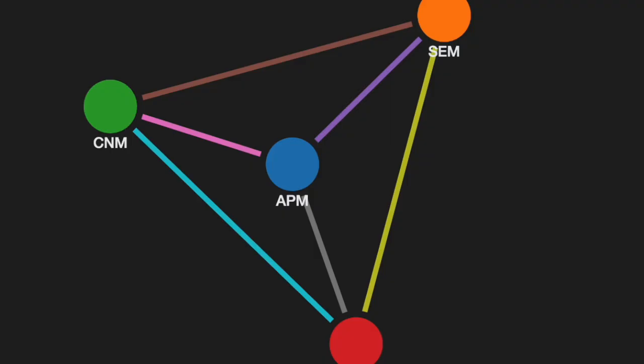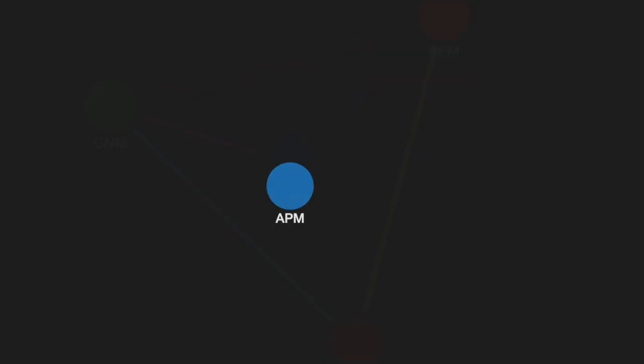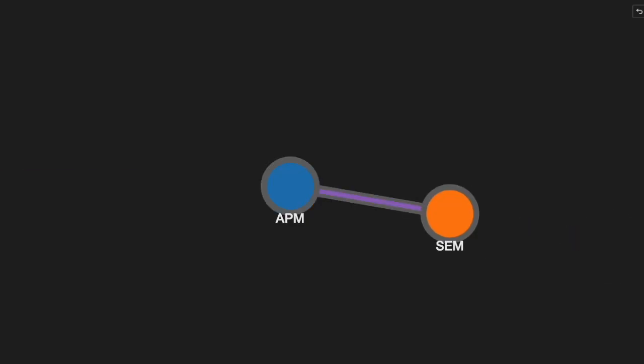Today, AMOS has 4 core components. APM, Autopoietic Process Manager, deploys containerized services and allocates resources. SEM, Structural Event Manager, connects services based on the schema and defines valid communication paths.